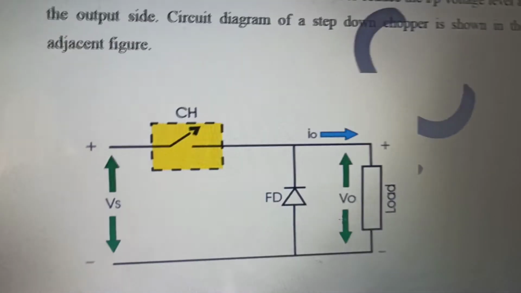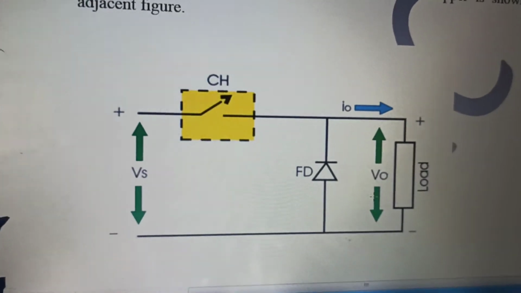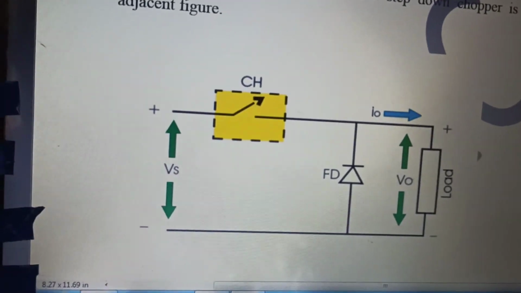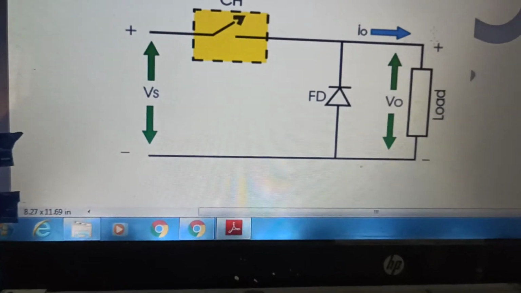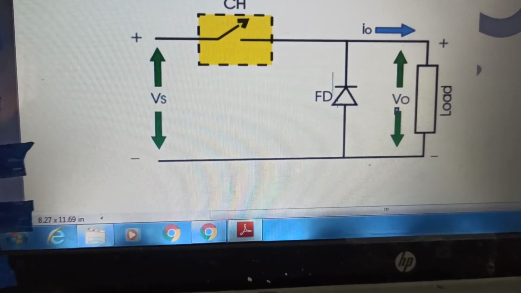One more important thing that I want to shed light on is that this diode, often termed as the freewheeling diode, this one, again I would like to show you just like this.